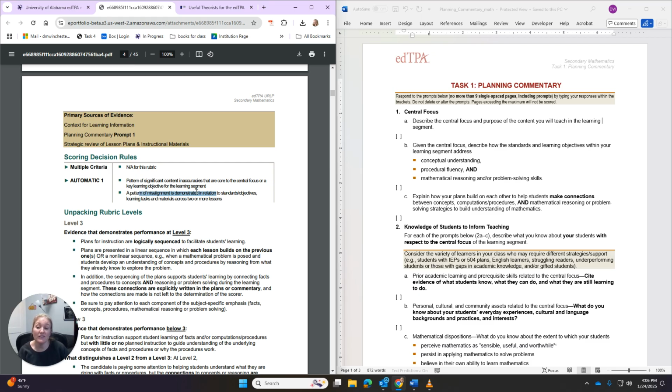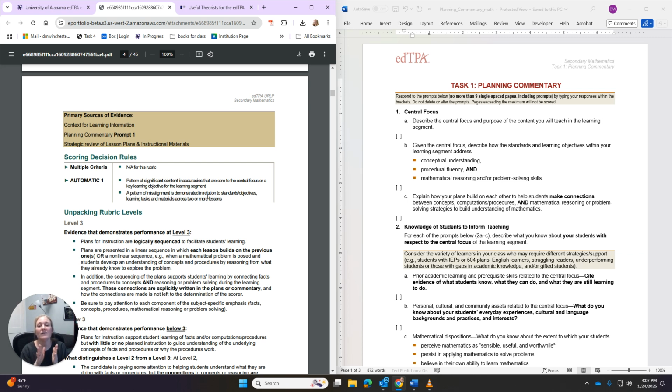Now, this is very important: you are going to want everything to align from your standard to your objective. Then you're going to be able to align that objective directly with the instructional plans that you plan and then to those assessments that you plan.